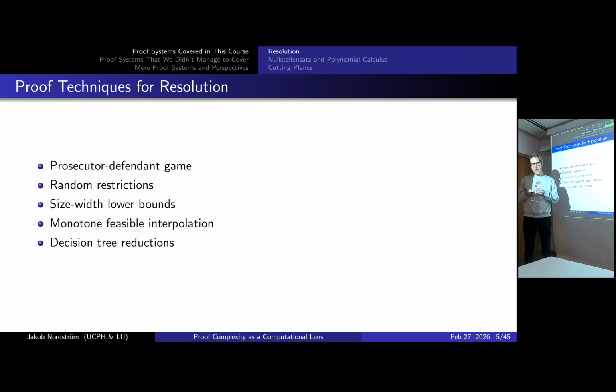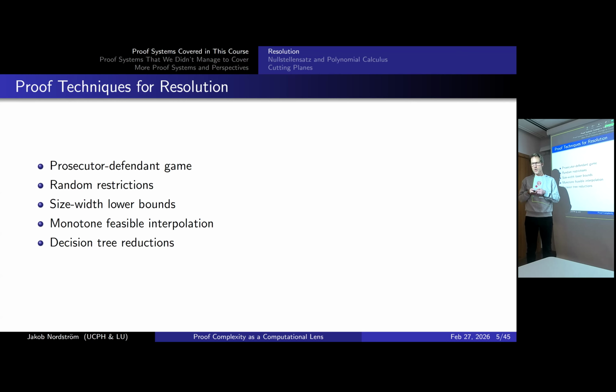And in the very last lecture, when we talked about non-automatability, we also talked about decision tree reductions. I wanted to highlight that because one slightly interesting feature of proof complexity, compared to many other areas of computational complexity theory, is that there are reductions all over the place. I mean, that's how we build computational complexity theory, except in proof complexity there haven't been that many reductions.